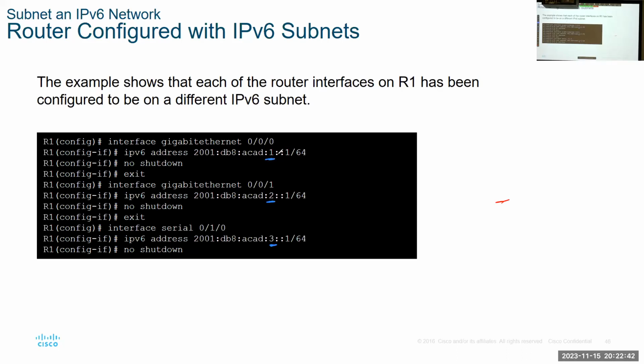And then the last 64 bits is going to be 3 fields of zeros, and then you just put 1. If this router was connected to another router through that interface, like a point-to-point, you would just give it 2 as the interface ID. So, yeah, that's all there is to it.